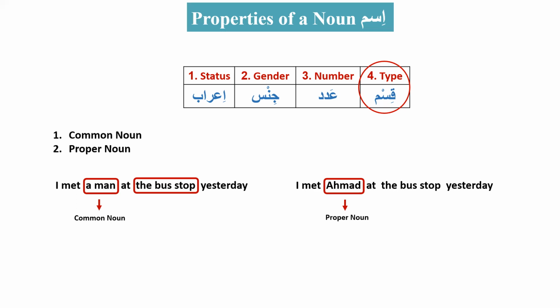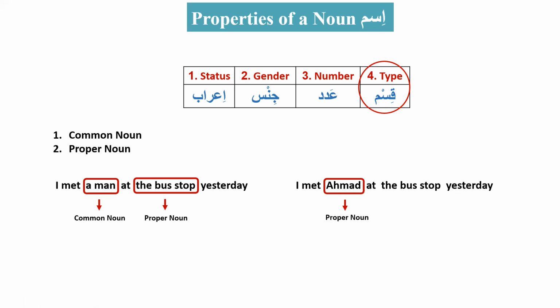So when the word the comes before an ism, it makes it a common noun? No, a proper noun. Sorry, proper noun, right? Yes, that's what you meant to say. So you see, the bus stop, I'm talking about a certain specific bus stop when I use the word the with it.